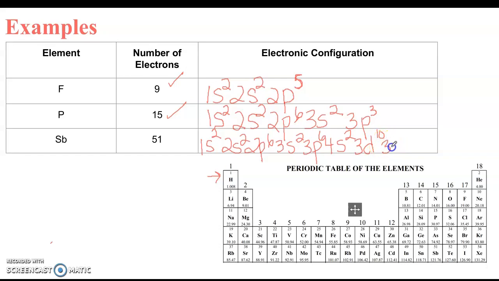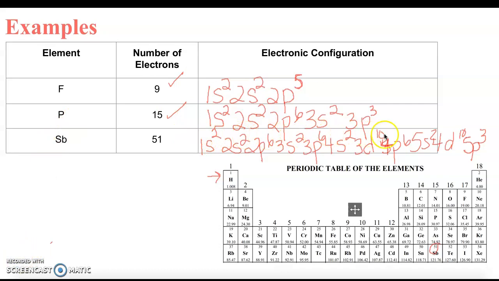Then 4p, my bad, 4p6. Then we enter 5s, 4d10, all the way until we get to 1, 2, 3, 4, 5, 1, 2, 3.